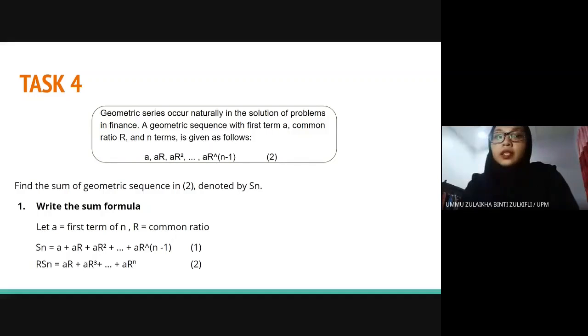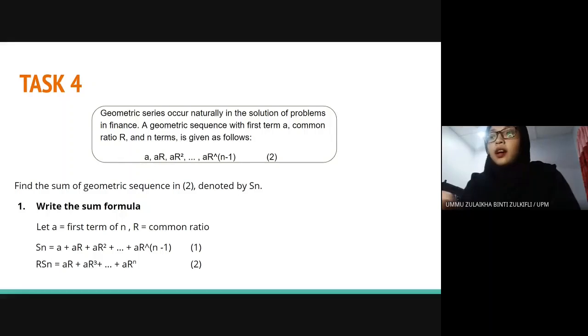The first step is I'm going to write it back as: let A equal our first term and capital R our common ratio. Based on the question, the terms are A, AR, AR squared, up to AR to the power of n minus 1.